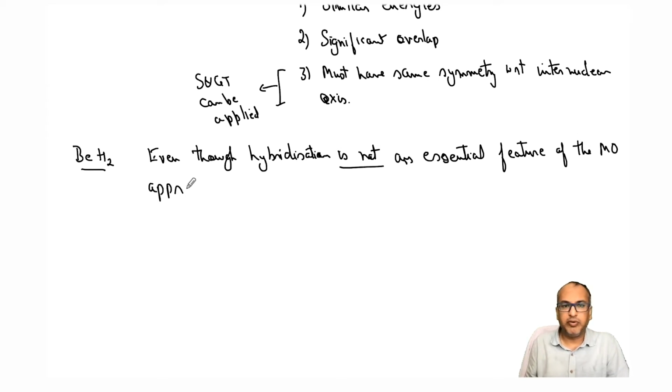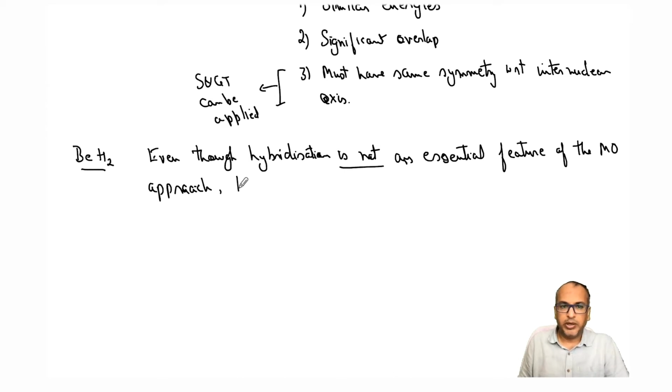That we have learned when we were looking at the differences between MO and VB theory. So in valence bond theory, hybridization is an essential approach, whereas in the case of MO theory, it is not an essential feature of MO.